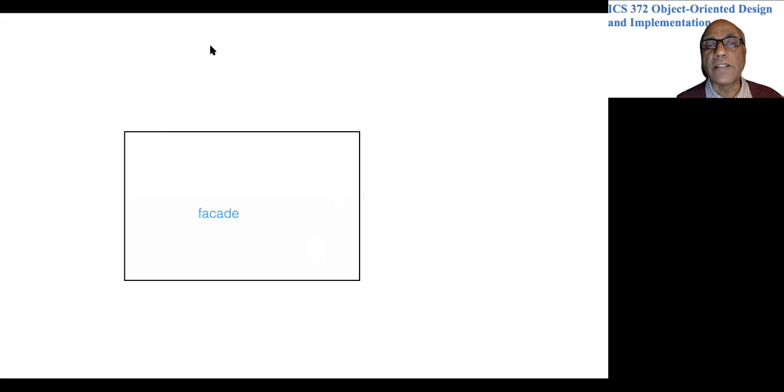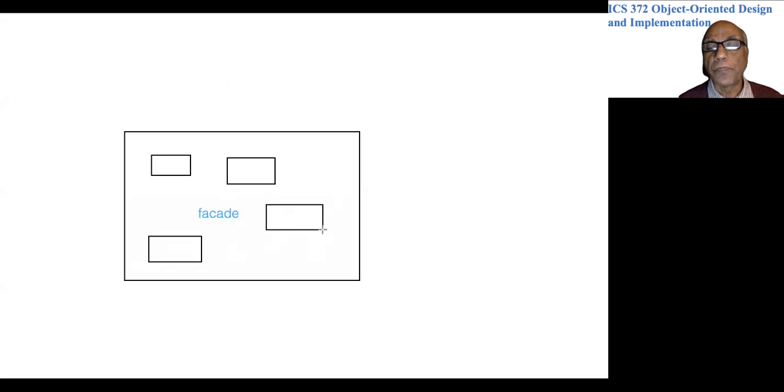So inside this, we could have several components, and they all provide some useful functionality, and they communicate in various ways. So we have subsystems communicating, or these components communicating to each other.